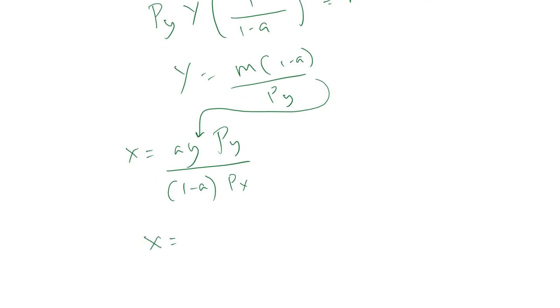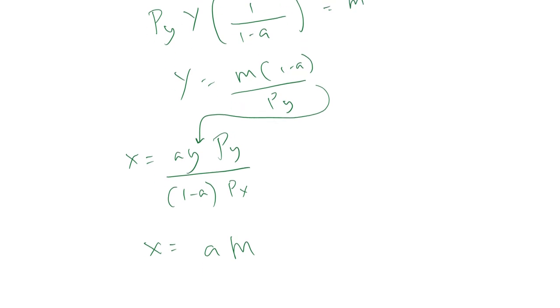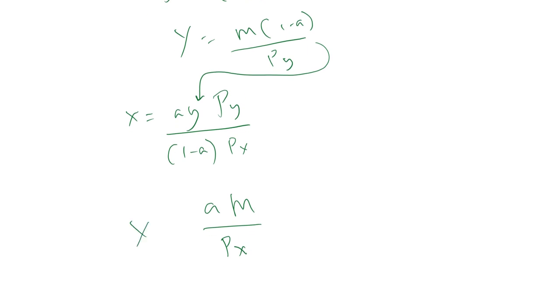So x here would be equal to a m, and py will cancel out now. So a m divided by px. This will be the demand function for x, right?